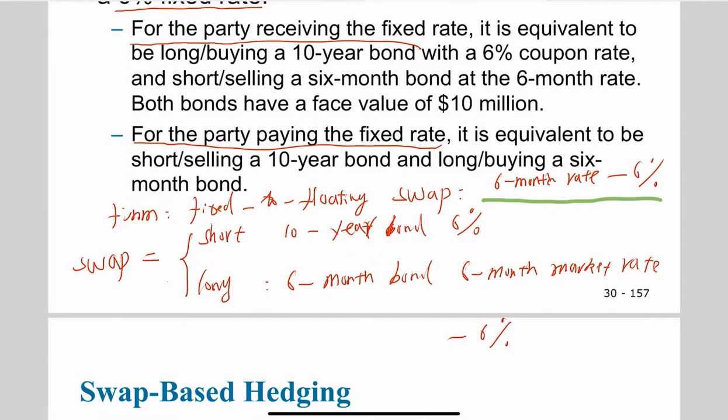And by taking a long position in the 6-month bond, it will be able to get paid the 6-month interest rate, right? So again, you can see that these two cases have the same cash flows. So that's why we say that for the party paying the fixed rate, it is equivalent to be short or selling a 10-year bond, and to be long or buying a 6-month bond.